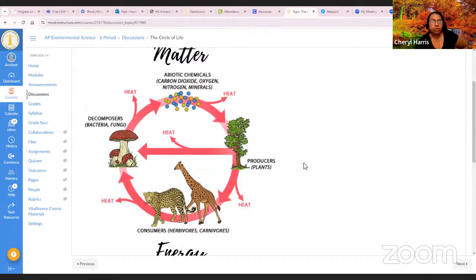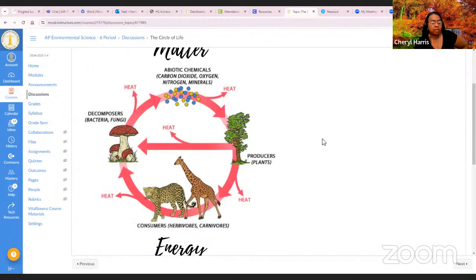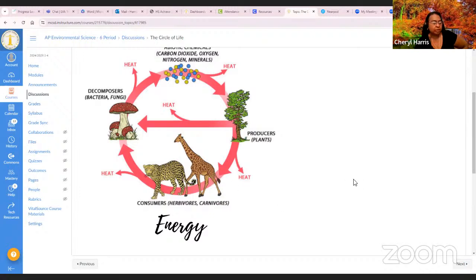The question is asking you to discuss two facts about each cycle. There are two cycles shown in the diagram, so I need you to discuss what is happening in the matter part of the cycle and what is happening in the energy part of the cycle. Everybody, please stop and do that first.